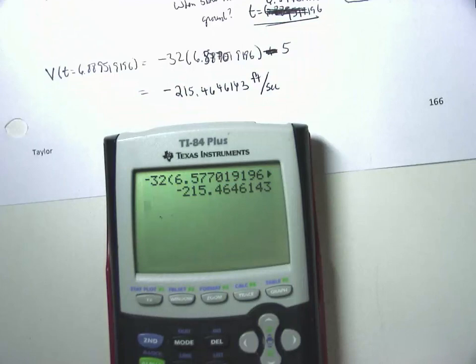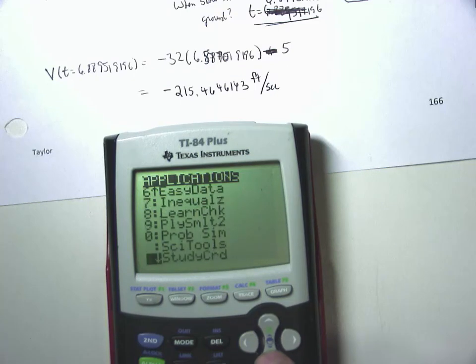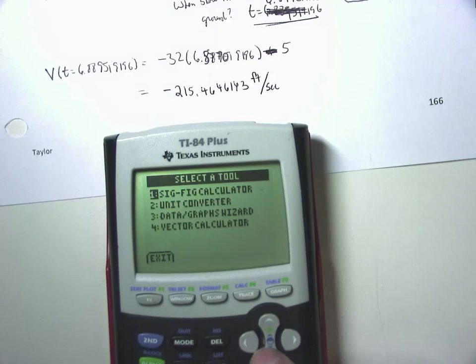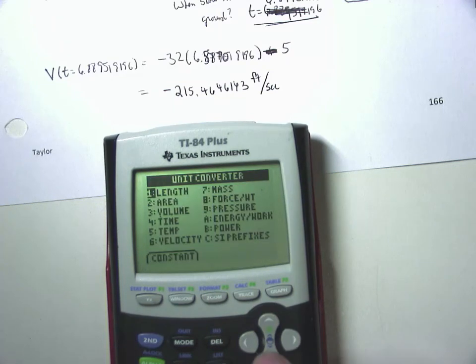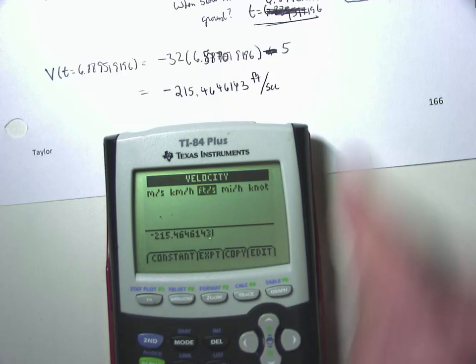Well, let me just explain it to you. I'm going to go under my apps button here, and scroll down to Scientific Tools, Unit converter. This is a velocity, because I want you to understand this. This is negative 215.4646143 feet per second.